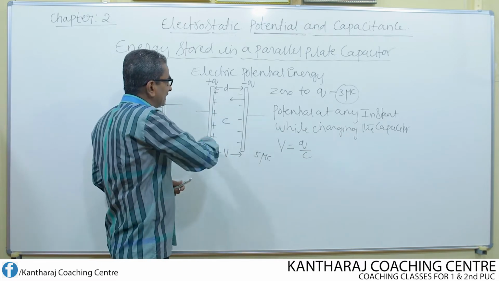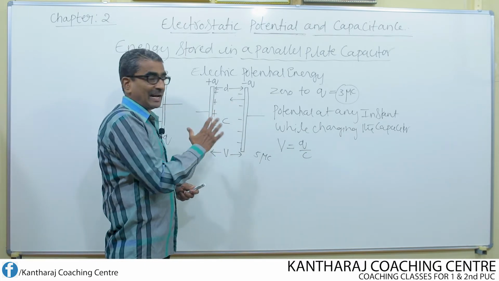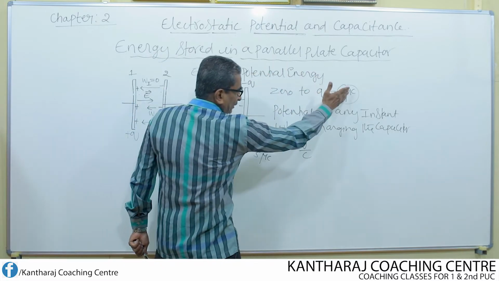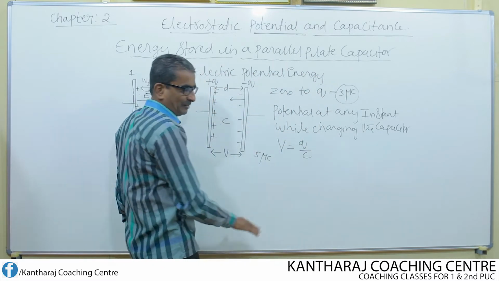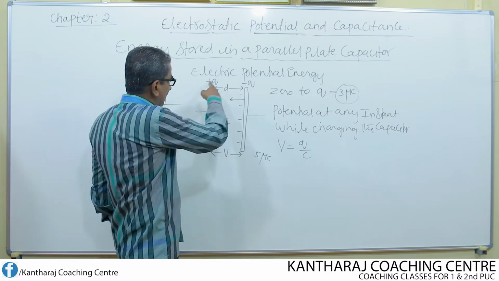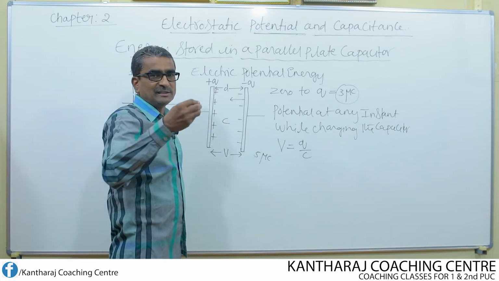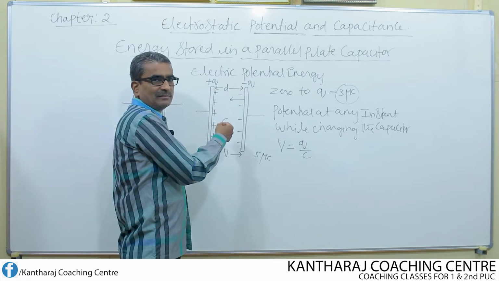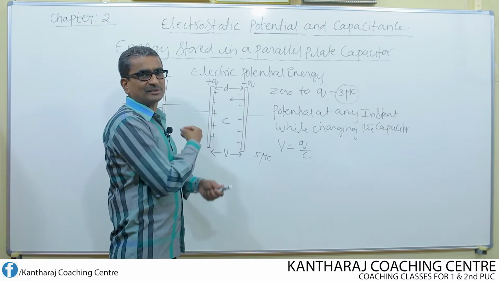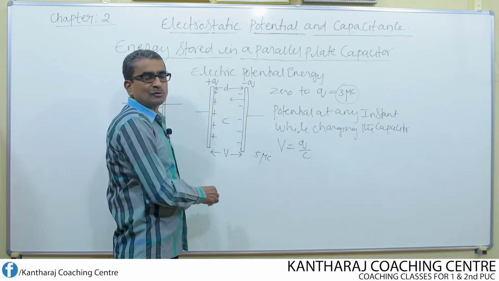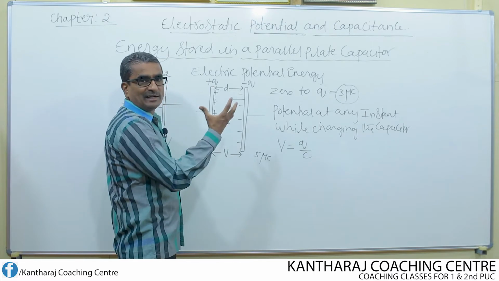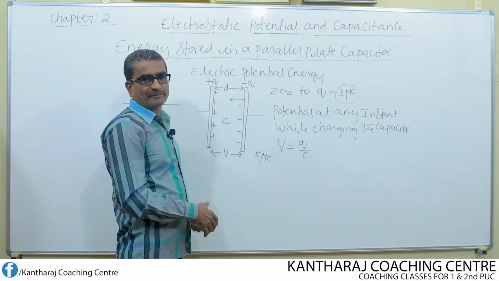Remember, a capacitor cannot be charged at once. If you want to charge this capacitor either to 3 microcoulomb or to 5 microcoulomb or to 10 microcoulomb, charge should be given to both the plates in small quantities. That means bit by bit, means in terms of installments. Small amount of charge should be shifted from one plate to another plate to increase the quantity of the charge on either plate.